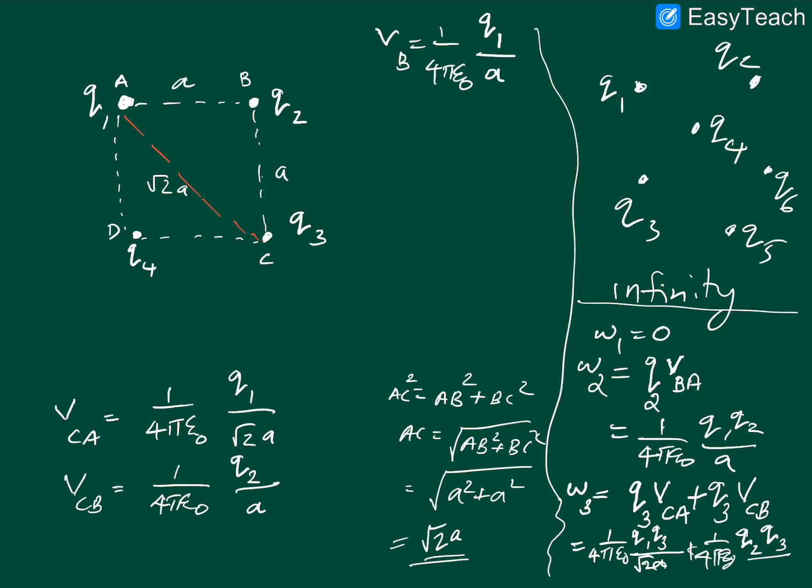Q1, Q2 and Q3 will make potential at D, isn't it? So there will be 3 potential terms. In this process also you need to do work, because all the other 3 charges will repel Q4. So in order to bring Q4 from infinity to D, you need to do work.